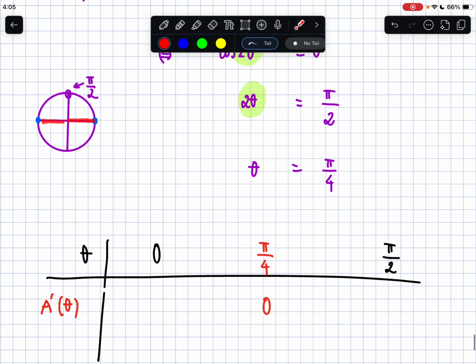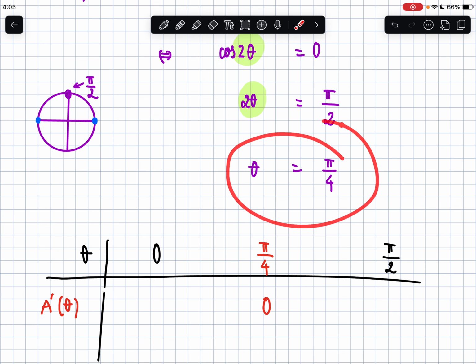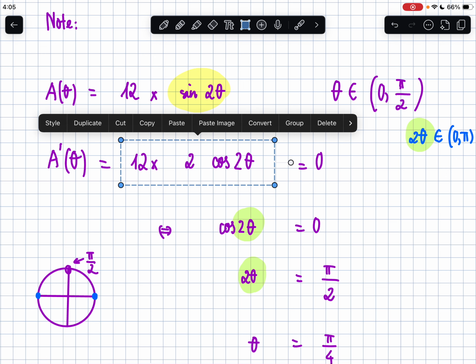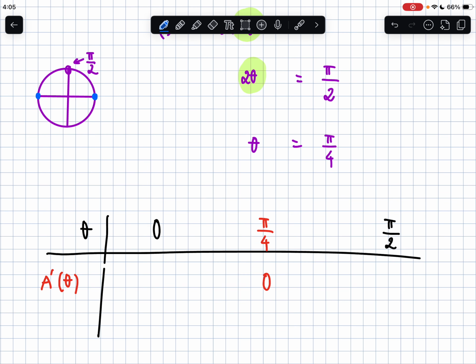So this gives us, I can write it down as here, 24 cosine 2 theta. It really depends on the sign of cosine 2 theta. It is negative on this side and positive on this side.